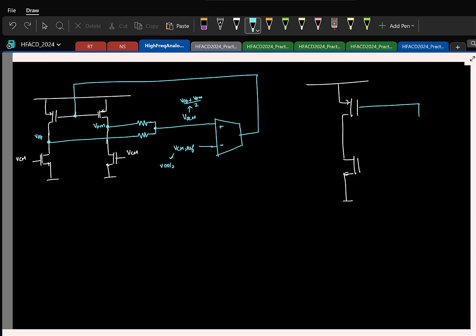I'll redraw the same thing like this. Fine, this is the common mode half circuit.